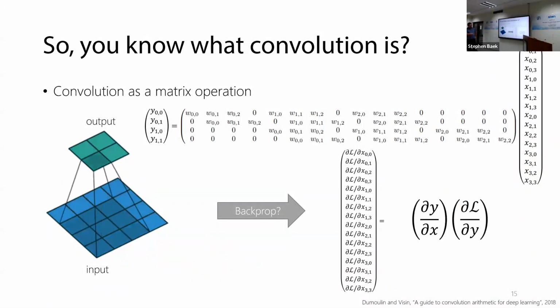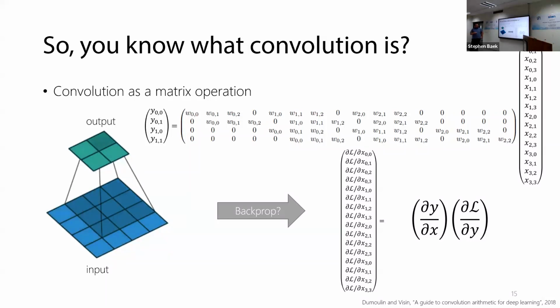Now, partial Y over partial X is the derivative of Y with respect to X0,0, X0,1, X0,2, and so on and so forth. So if you look at how Y0,0, for example, is represented in terms of the X, we know that the derivative of Y0,0 with respect to X0,0 is simply this coefficient W0,0.